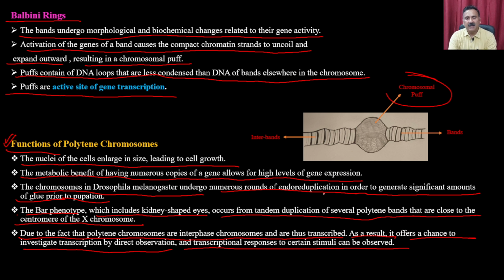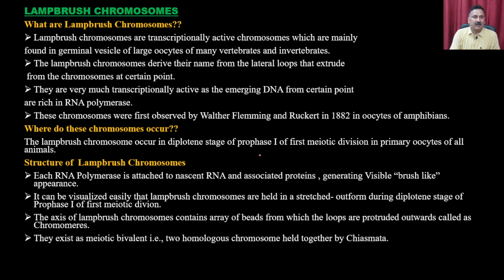So, apart from the polytene chromosomes, you can also have another kind of chromosome which is called Lampbrush chromosomes. So, what are Lampbrush chromosomes? Lampbrush chromosomes are transcriptionally active chromosomes which are mainly found in the germinal vesicle of large oocytes of many vertebrates and invertebrates.